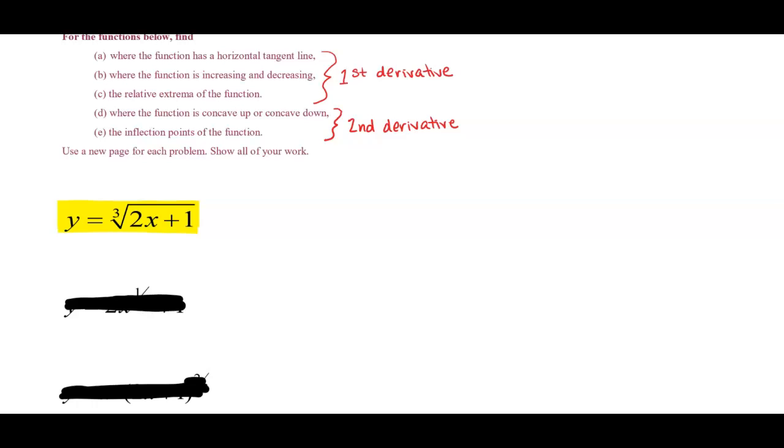So the first thing I'm going to do is rewrite the function as parentheses with a 1/3 power instead of a radical. This makes it easier to use all of our derivative rules. And then I'll use the chain rule to find the first derivative. This is a little quicker than the example we did in the notes because it's not a product rule.